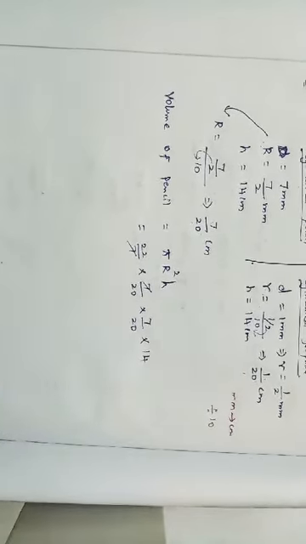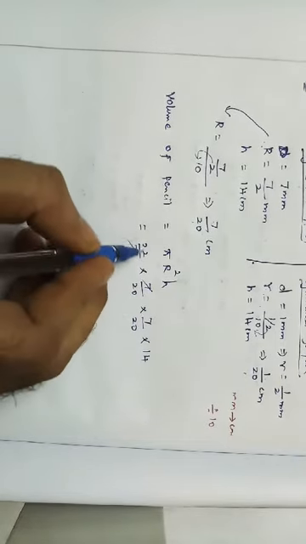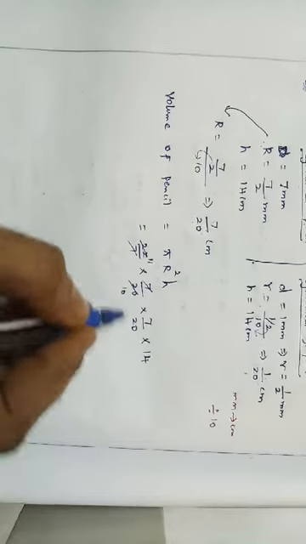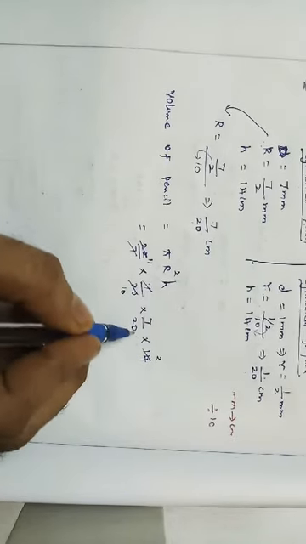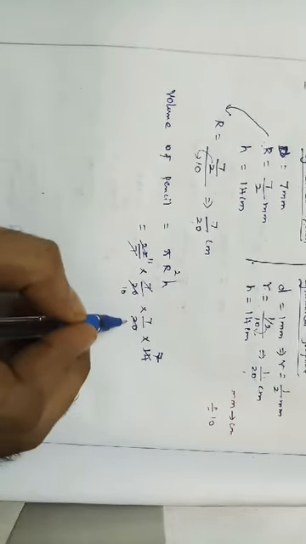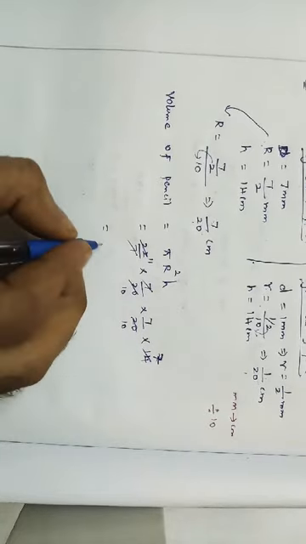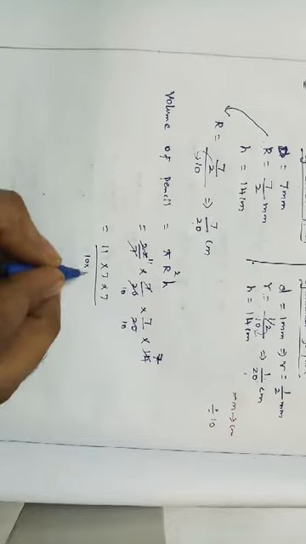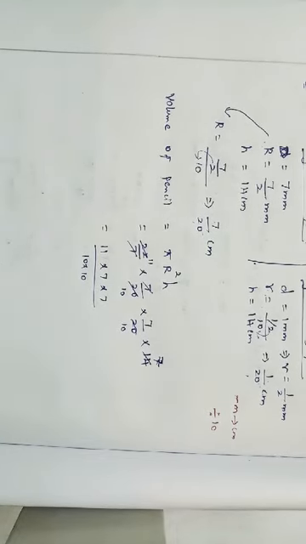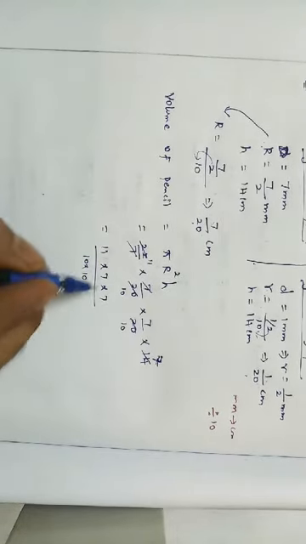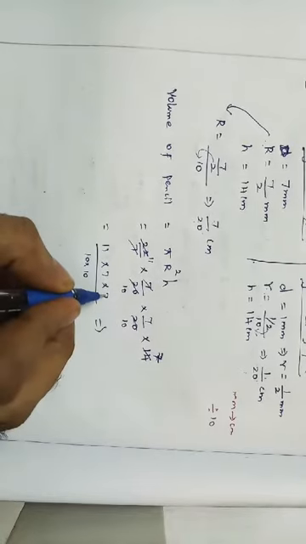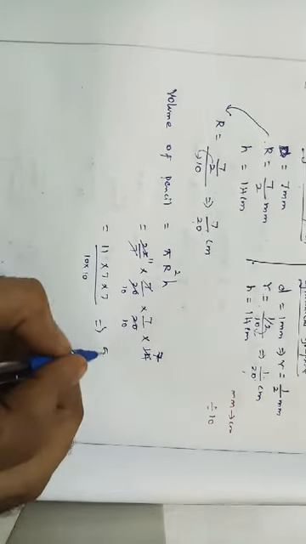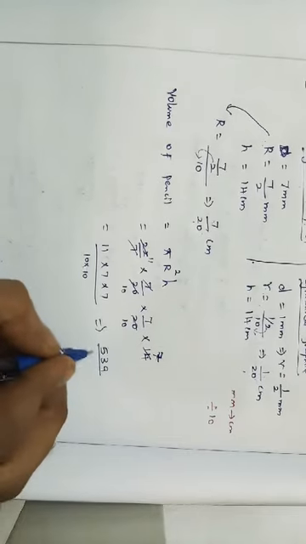Simplify. 7 ones are 7, 1 1 cancel. Next, 2 table, 11 times, 7 times, here 10 times. So what is remaining in the numerator? 11 into 7 into 7 divided by 10 into 10, right? 7 into 7, 49. 49 into 11 is 539, divided by 100.